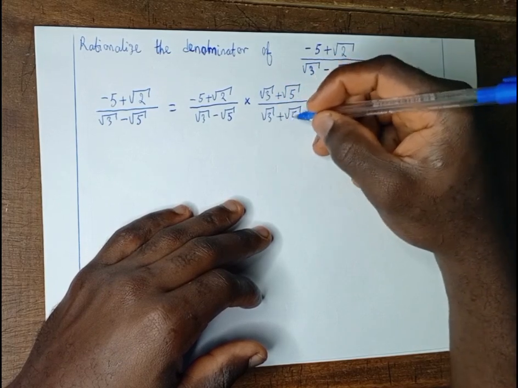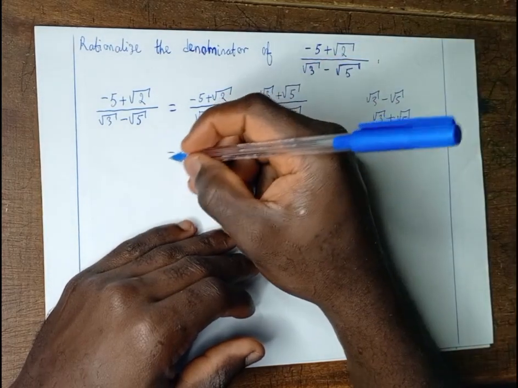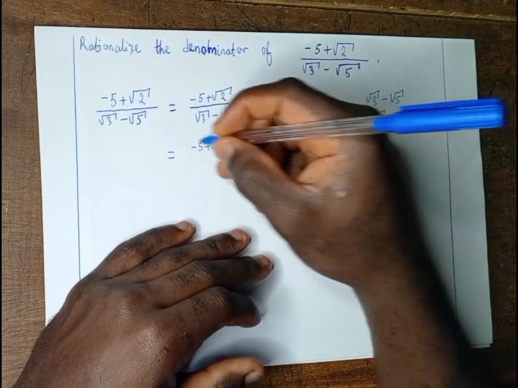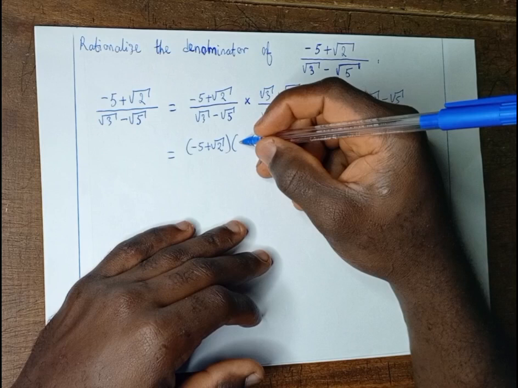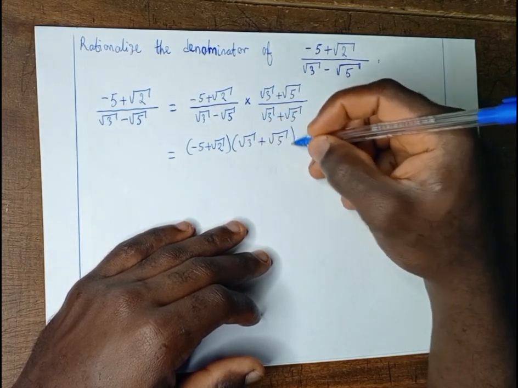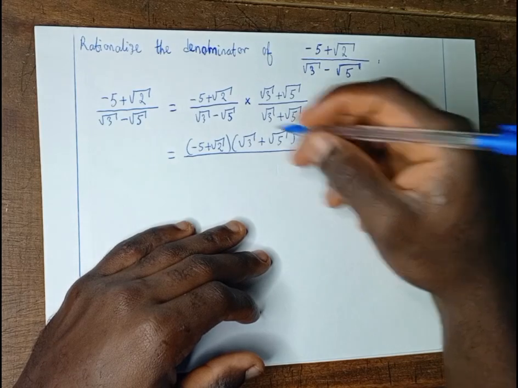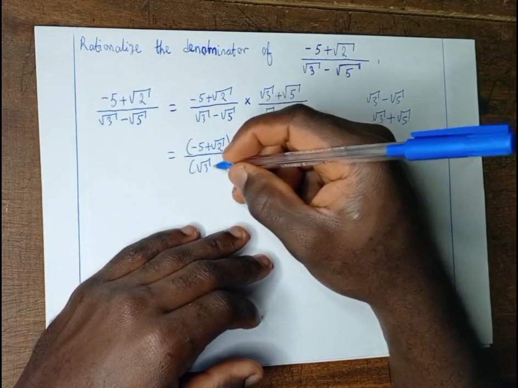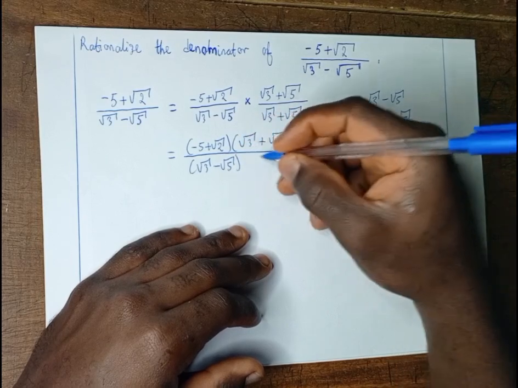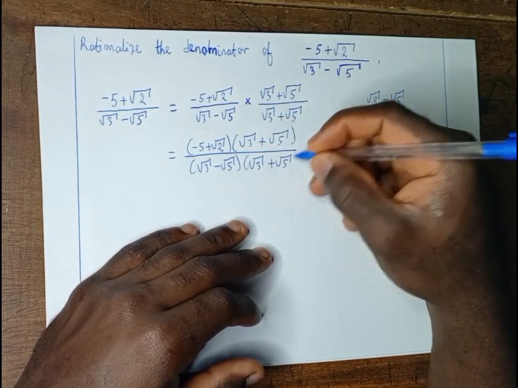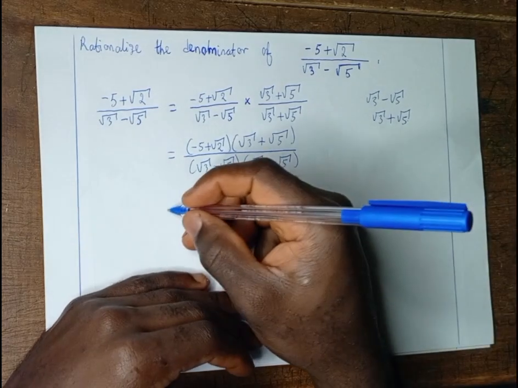This will simply be equal to (-5 + √2)(√3 + √5) all over (√3 - √5)(√3 + √5).